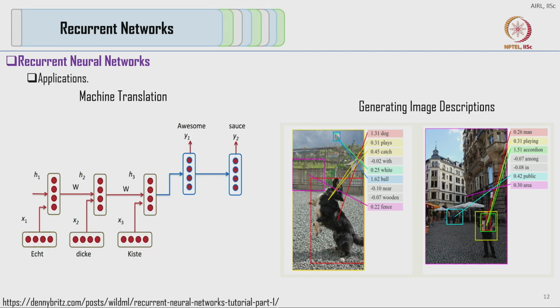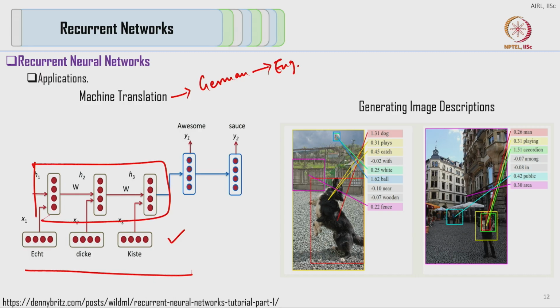Now again, RNNs could be used in different applications as well. It could be used for machine translation, where we want to translate from German language to an English language. So the input is a sentence in German, and using the RNN structure where we calculate the hidden state and then the output, we can generate the English statement as well.